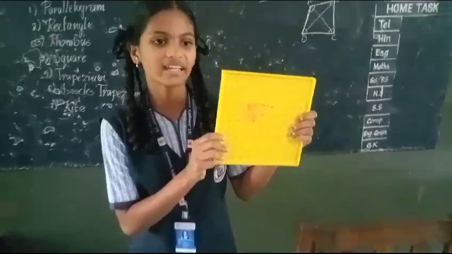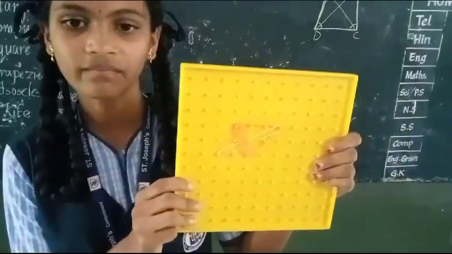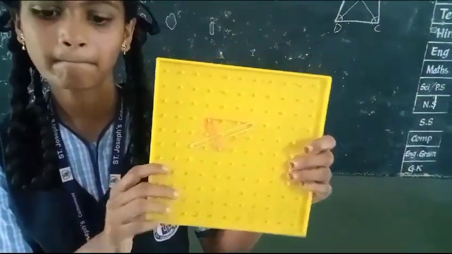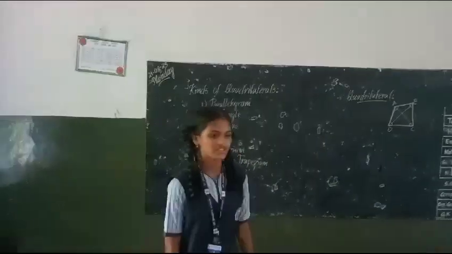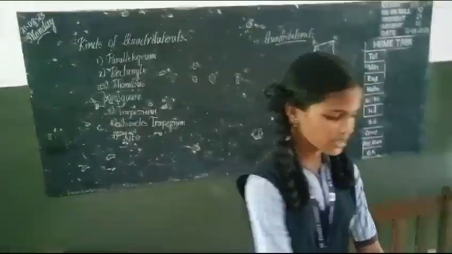And these are the two diagonals in a quadrilateral. Now we are going to learn about kinds of quadrilaterals. The first one is parallelogram.